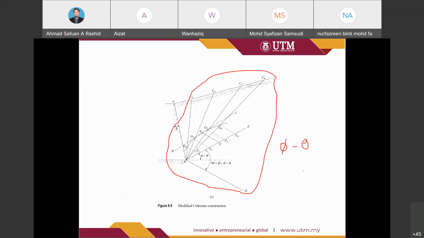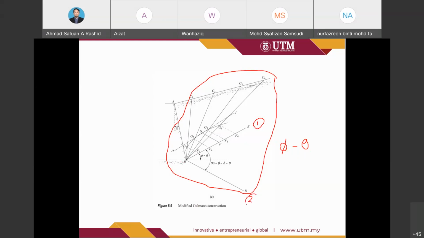So the first step is this one, but we need to determine theta first.